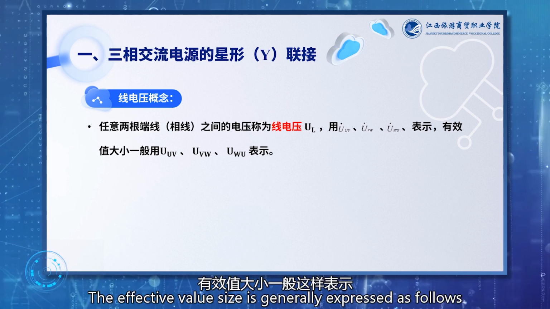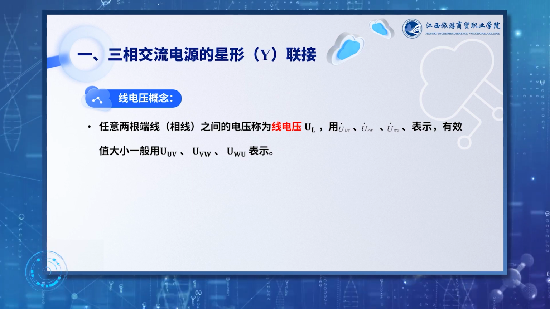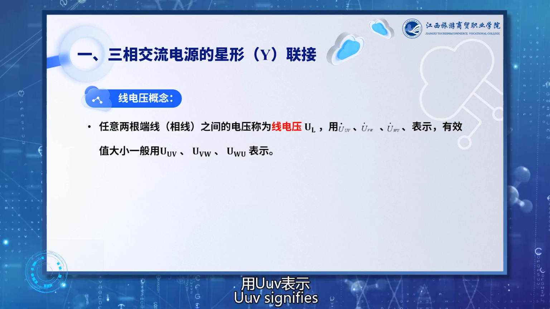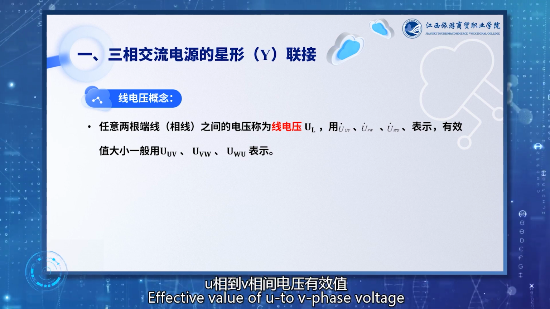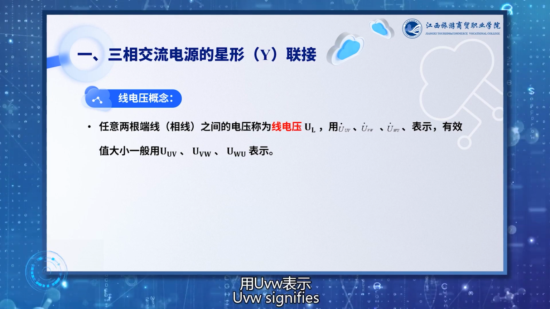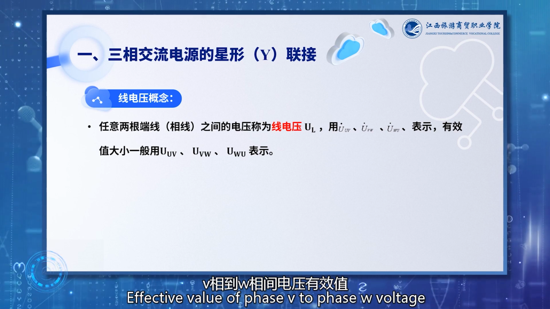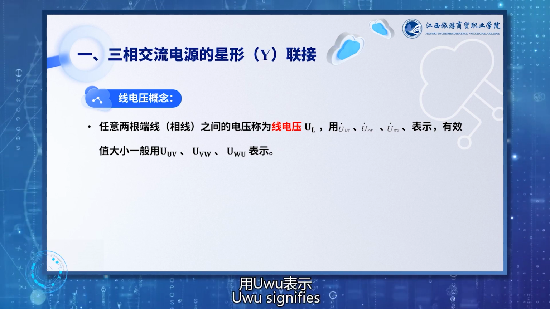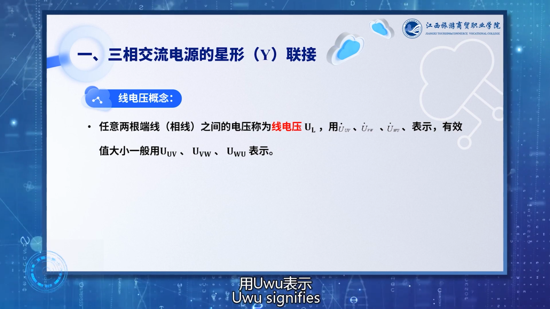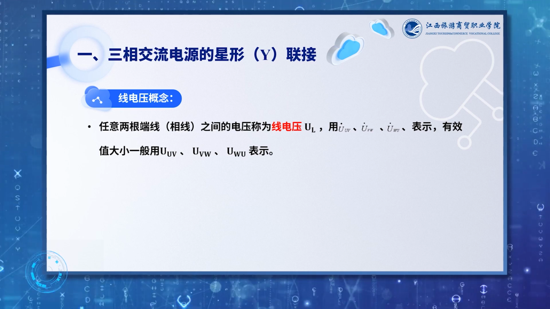The effective value is generally expressed as follows. UUV signifies the effective value of U to V phase voltage. UVW signifies the effective value of V to W phase voltage. UWU signifies the effective value of W to U phase voltage.